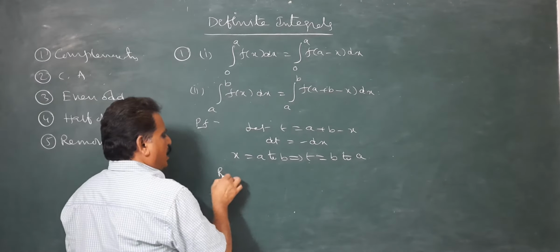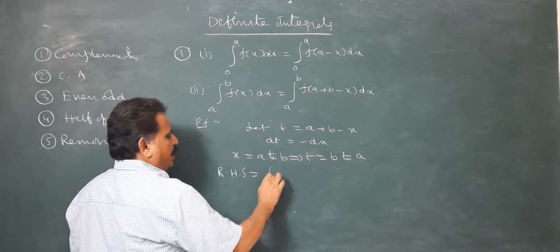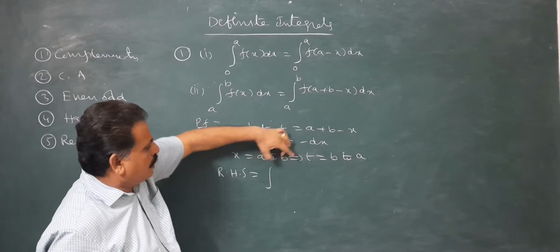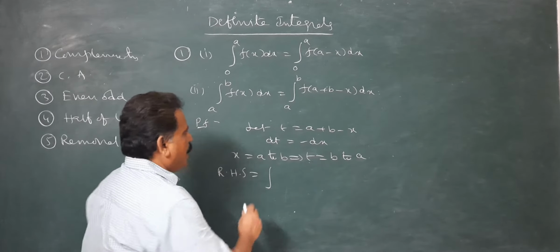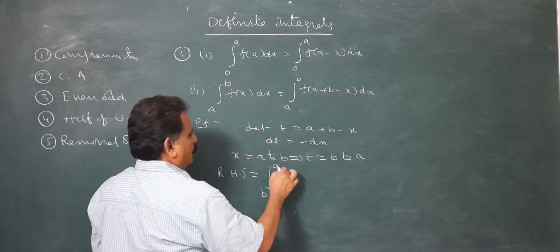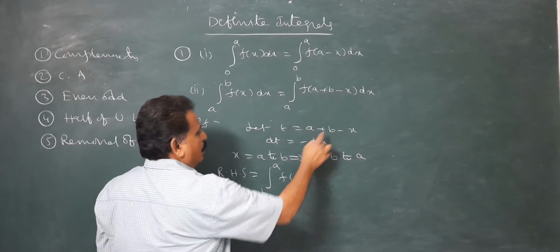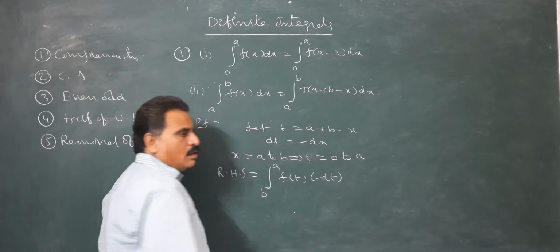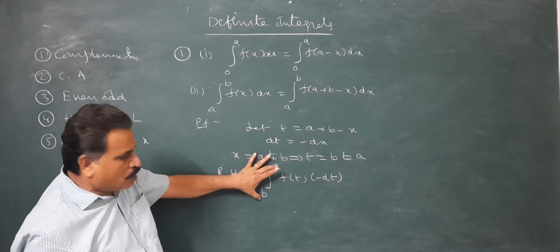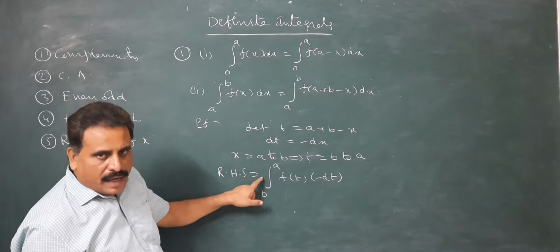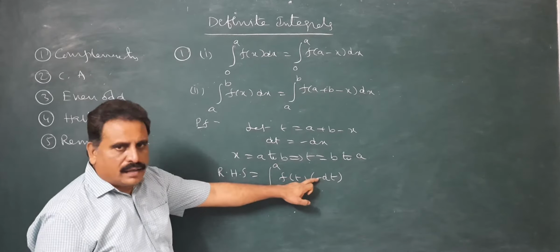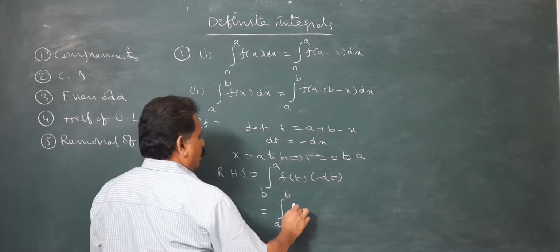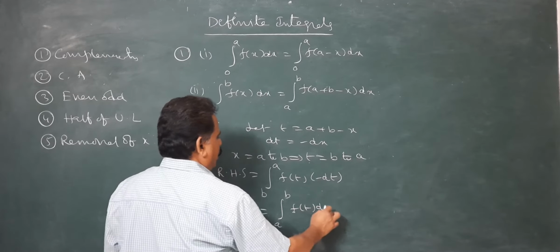So the RHS becomes the integral with x limits a to b, whereas t limits are b to a, of f of t times minus dt. Now interchange these two limits, a to b, we get a minus. One more minus is there, that becomes plus: the integral from a to b of f of t dt.